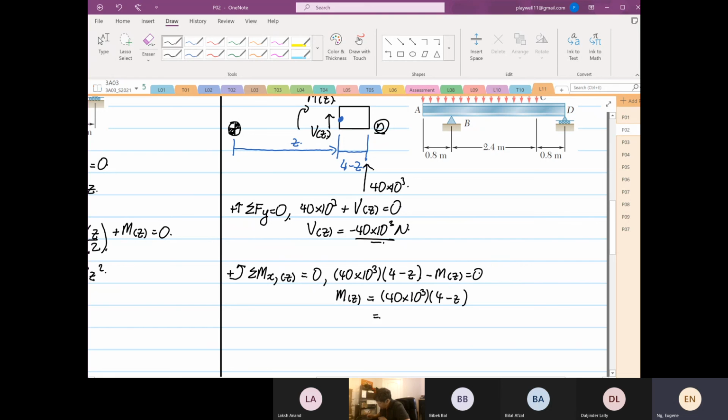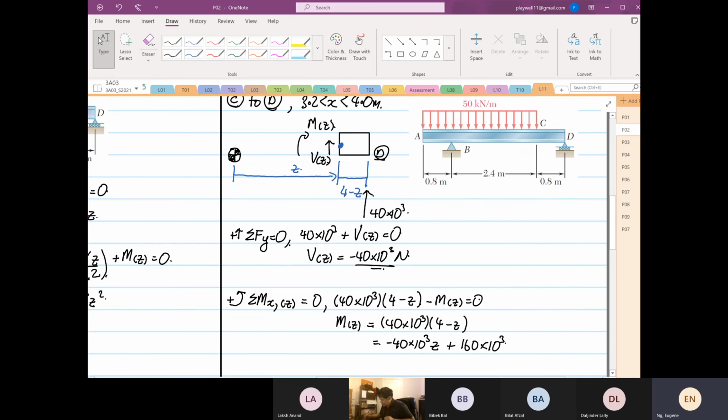So it is a linear function, minus 40 times 10 to the power 3 z, and then plus 160 times 10 to the power 3. So that is our function.